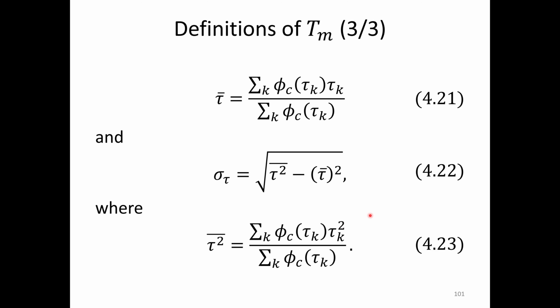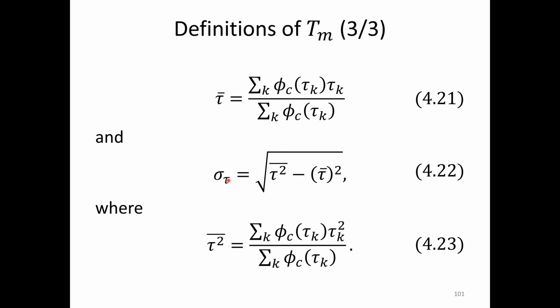Okay, so this is also a kind of weighted average of tau k square, and the weightings are phi c of tau k. From the viewpoint of probability, if we treat tau as a random variable, then tau bar is the mean of the random variable, and tau square bar is the second moment of the random variable tau.